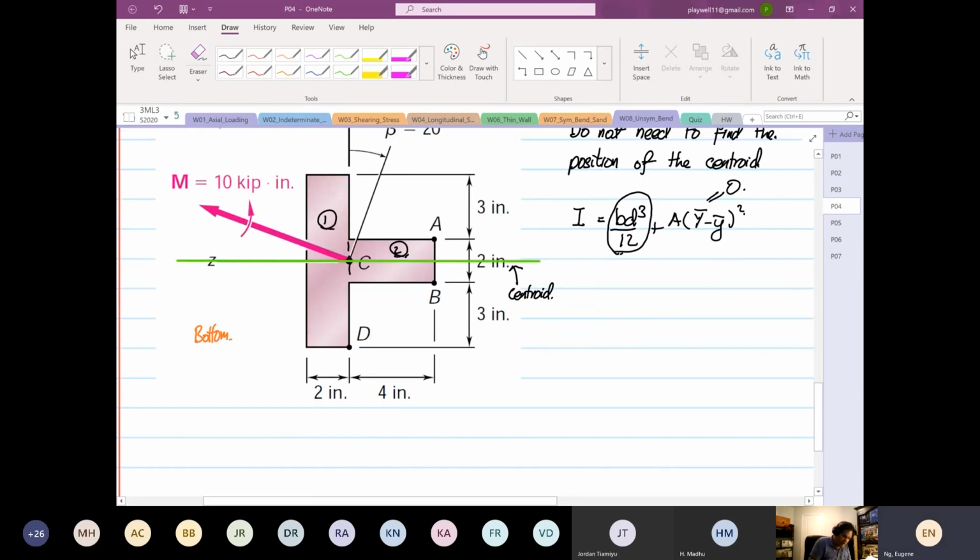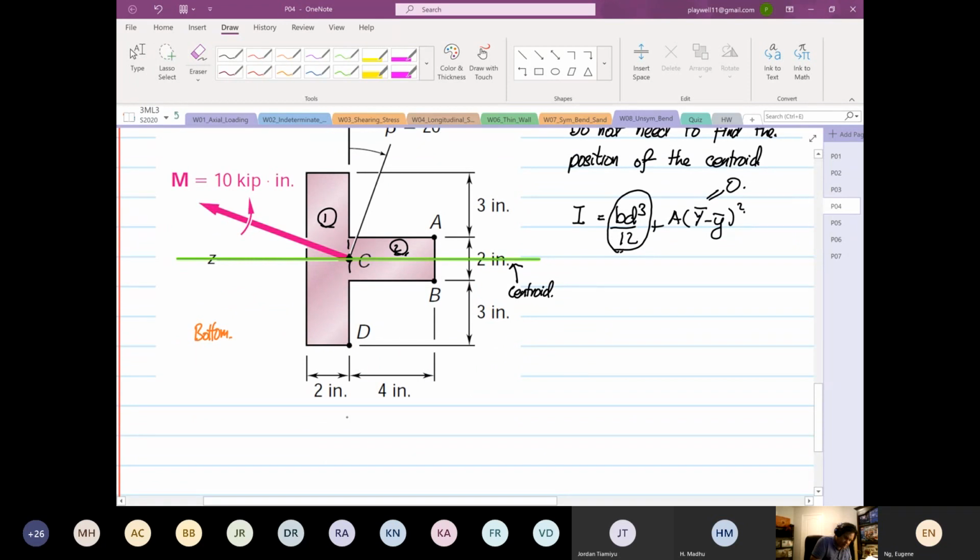Okay? So again, you understand, right? You get it, yes or no? Okay? So this is your width. And over here, this is your depth. Okay, so immediately you can find IZZ is equal to IZZ1 plus IZZ2.